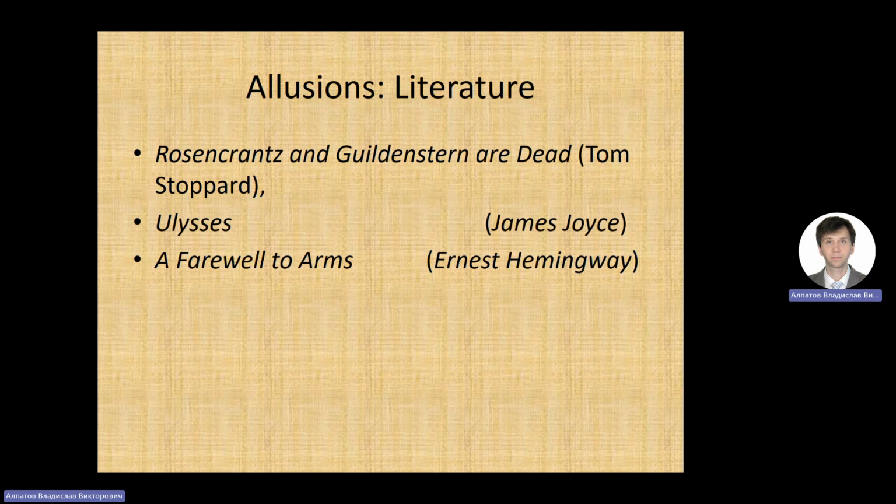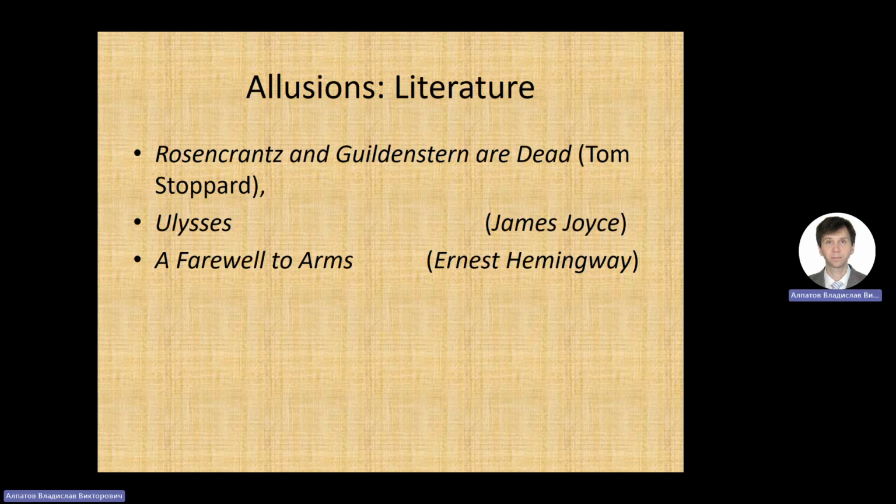There will be no wars, and people will beat their swords into plowshares, into peaceful use. And this is an allusion to the book of Isaiah: farewell to arms, saying goodbye to arms.